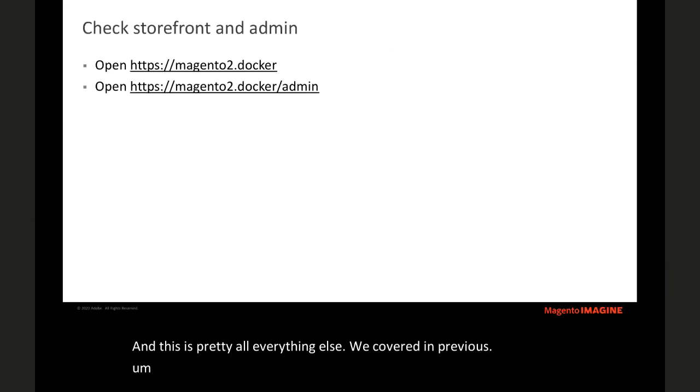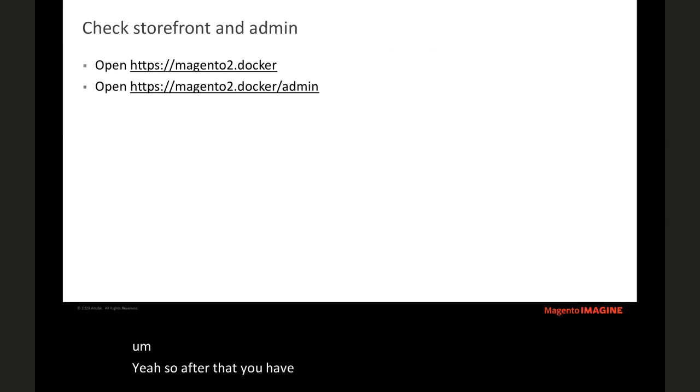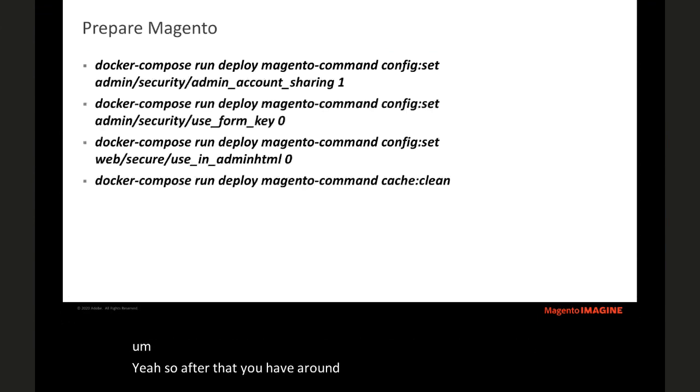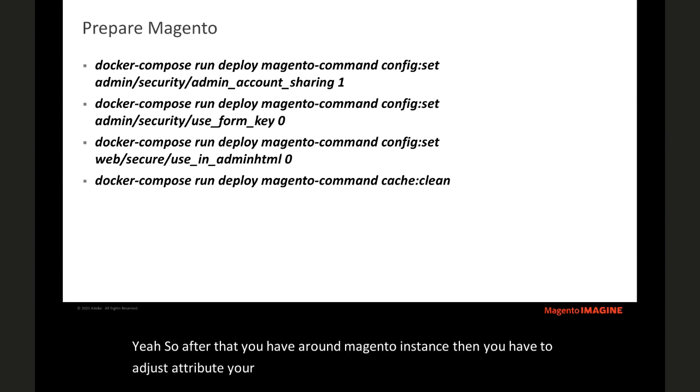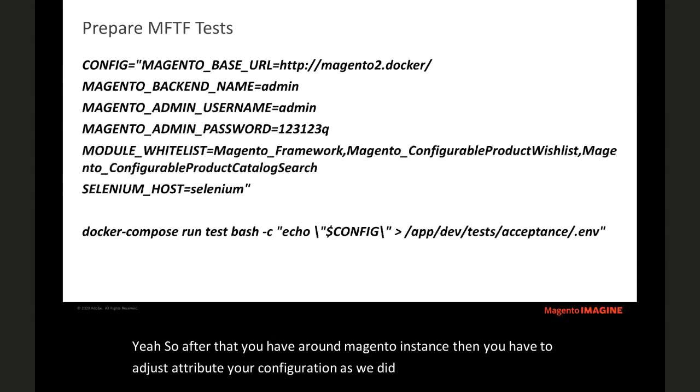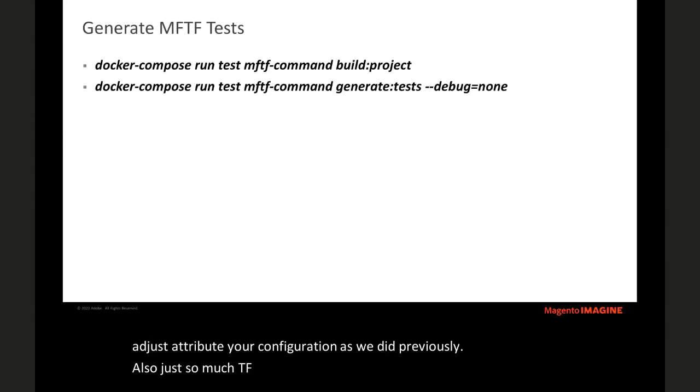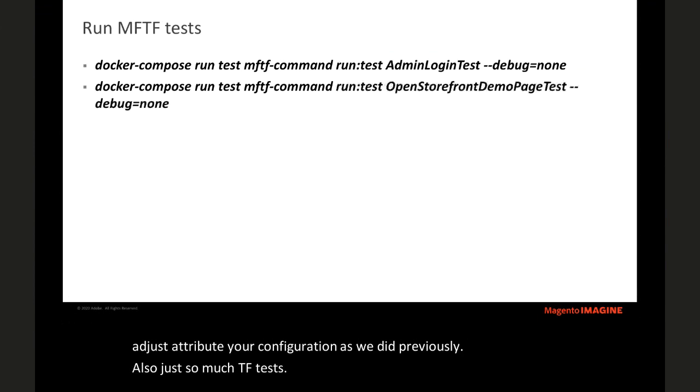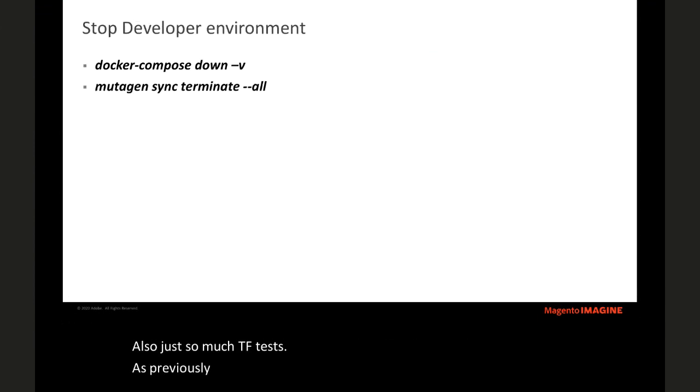After that you will have a running Magento instance. Then you will have to adjust your configuration a little bit, as we did previously. Also adjust the MFTF tests, generate those tests as previously, and run them.